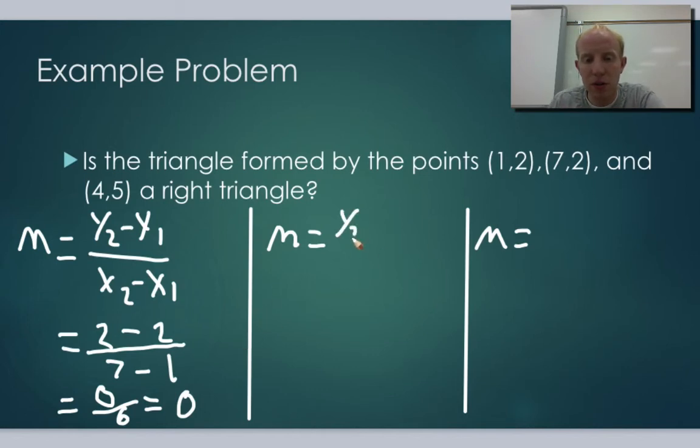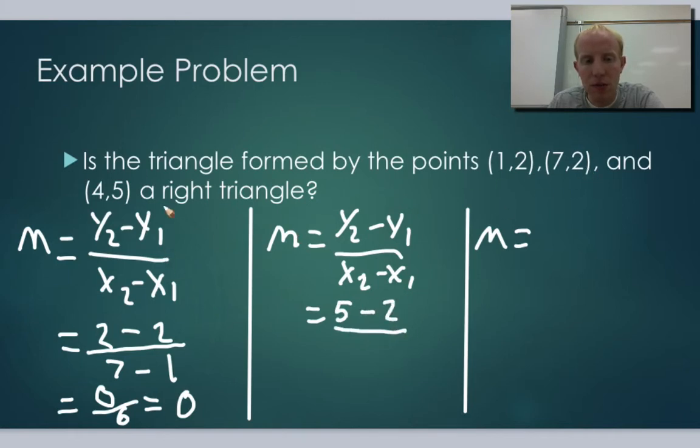Okay, let's try it for the next one. We've got y2 minus y1 over x2 minus x1. In this case, we're doing this point and that point, so y2 is going to be 5, y1 is going to be 2, x2 is going to be 4, and x1 is going to be 7.